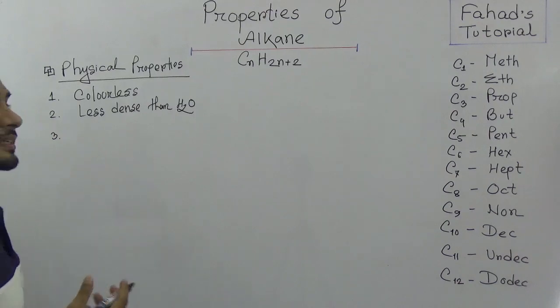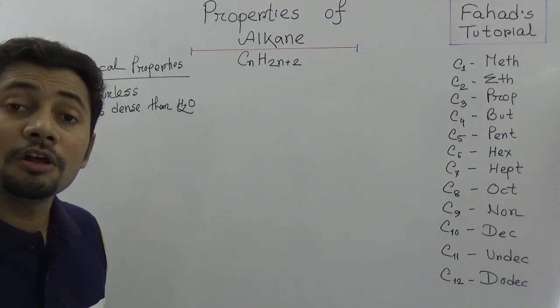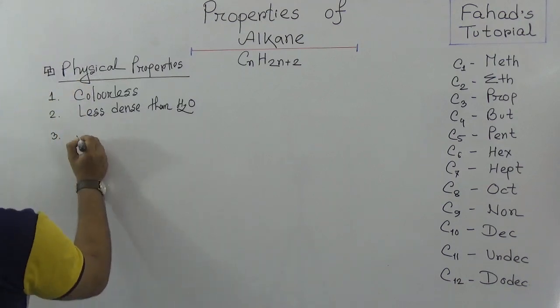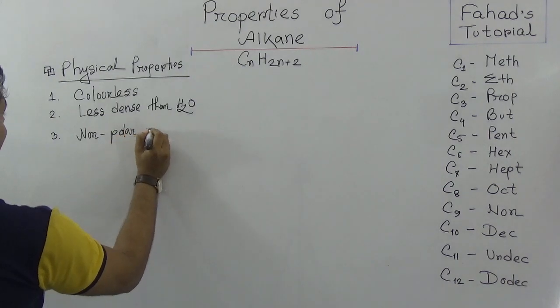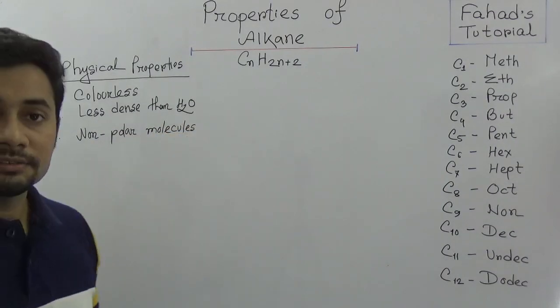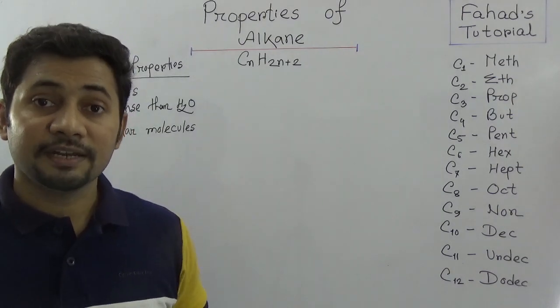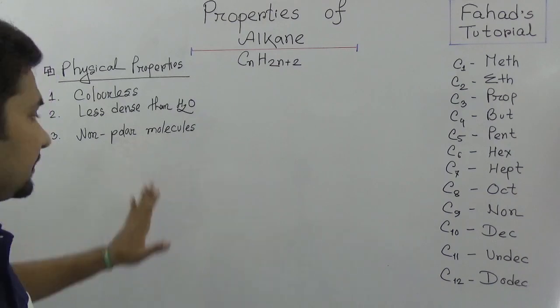Number three, we also can say that alkanes are non-polar molecules, and that is why they are not soluble in a polar solvent like water. So alkanes are not soluble in water.